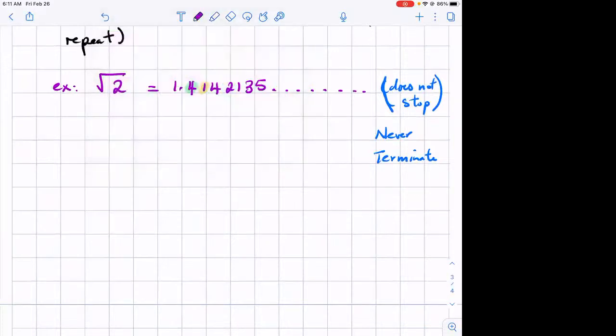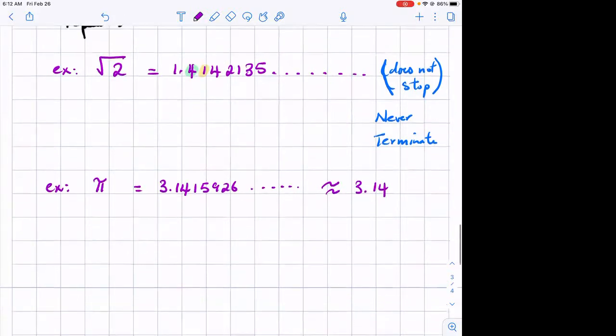Another example that you will see is, for example, pi. Pi is 3.1415926 and so on. It never stops. We generally say that this is an approximation. We say approximately 3.14.